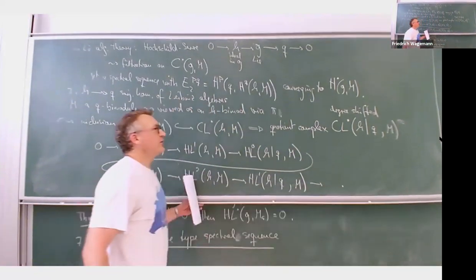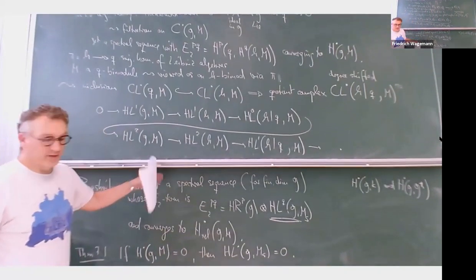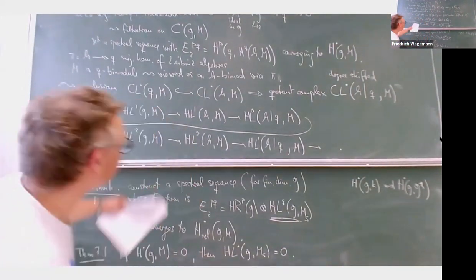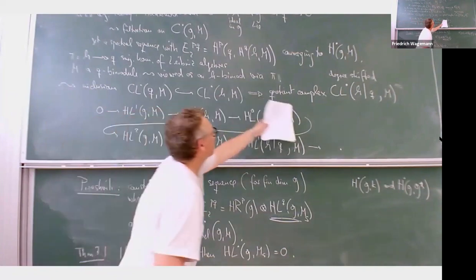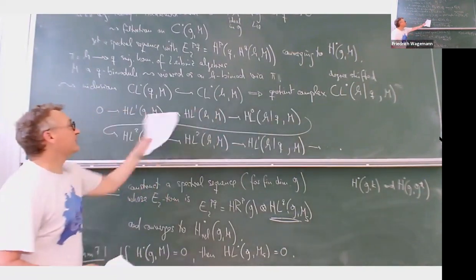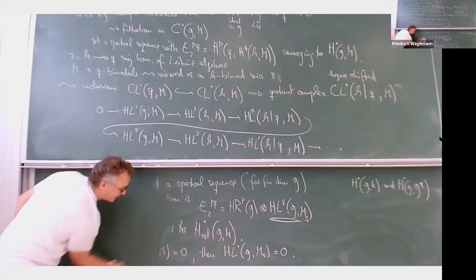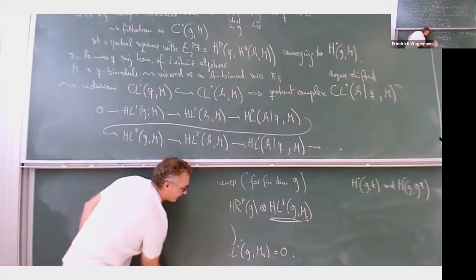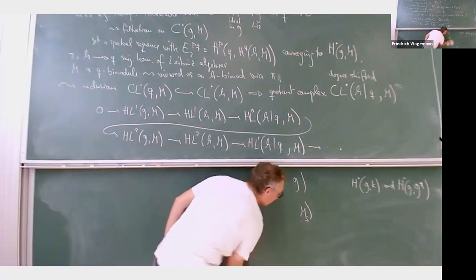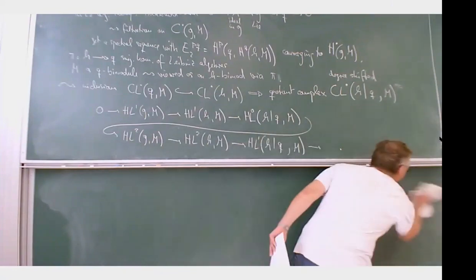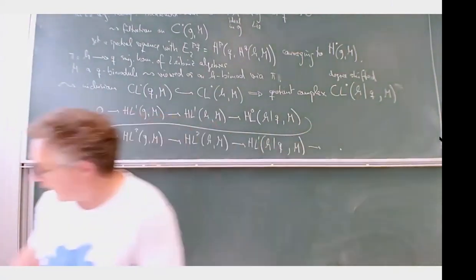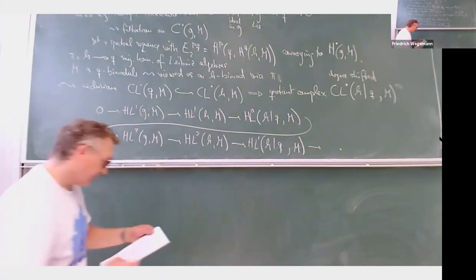Yeah. So this is kind of the best you can have here. This relative cohomology tells you the difference between the cohomology of the quotient Leibniz algebra and of the Leibniz algebra itself. And I will come to an end here.